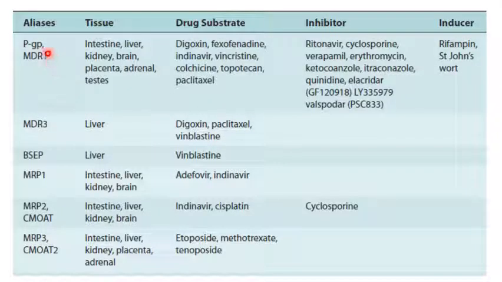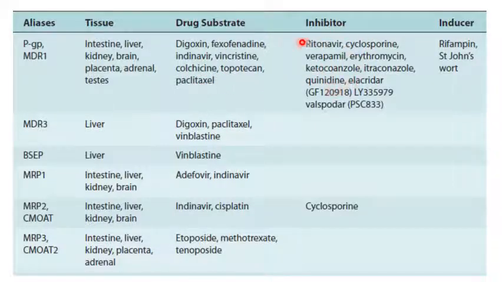These are some of the transporters available in the different parts of the body and responsible for transport of drugs. Here we are concerned with the PGP or multi-drug resistance 1 category of transporters. As you can see here, substrates of PGP include digoxin, fexofenadine, indinavir, vincristine, colchicine, topotecan, and paclitaxel.